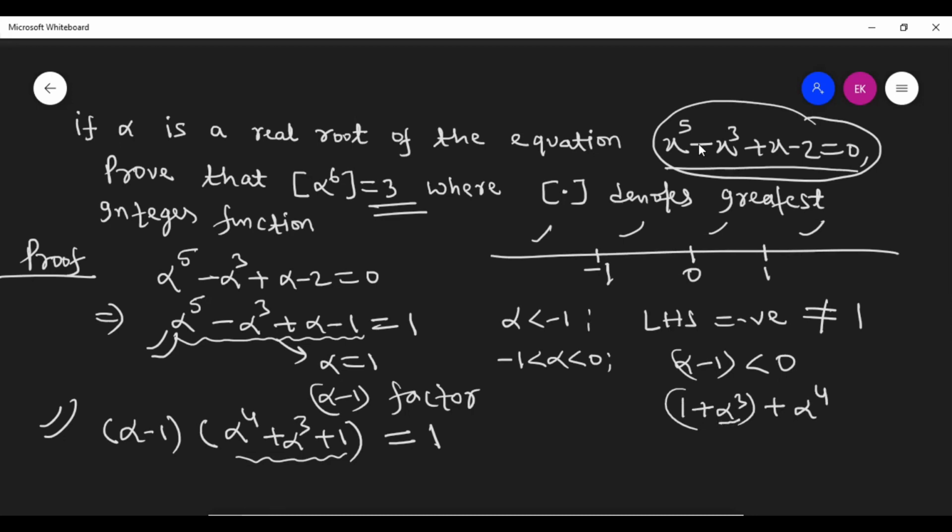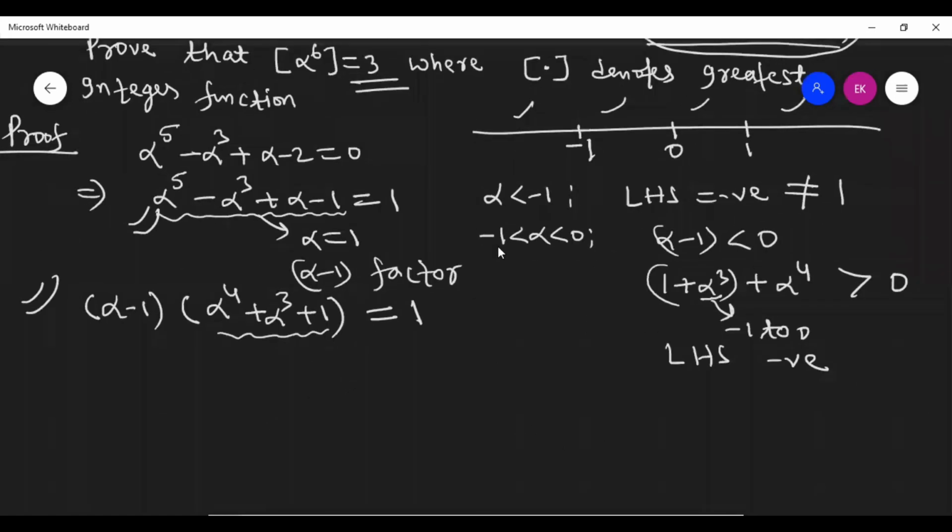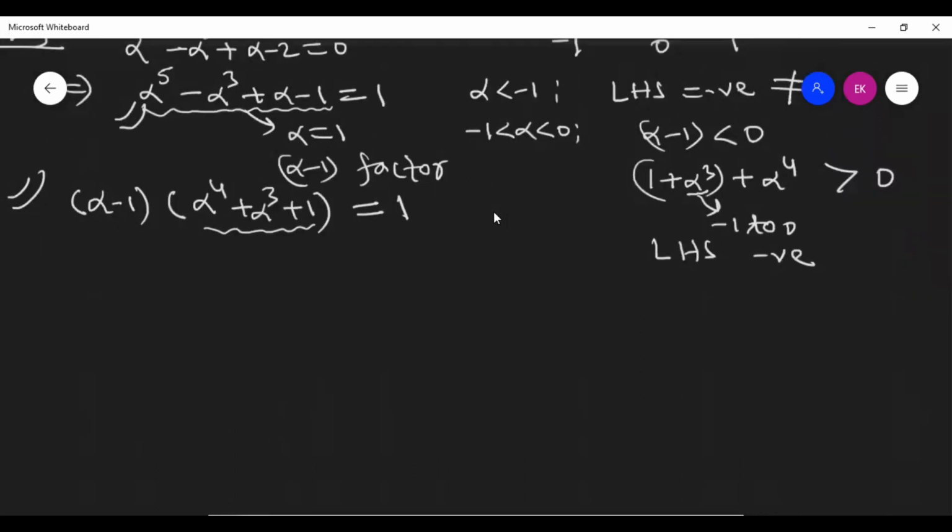If alpha is in between minus 1 and 0, then alpha cube is also in between minus 1 and 0. So this whole expression is positive. Again, the LHS becomes negative. It means this equation will not have any real solution in between minus 1 and 0. So now we will check for 0 to 1 and 1 to infinity.